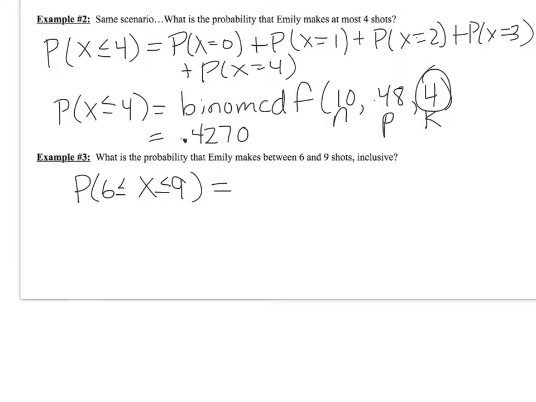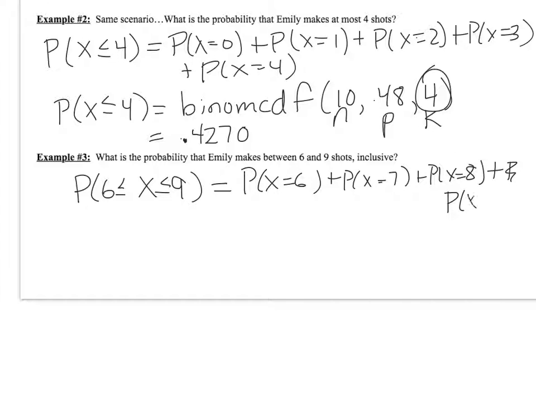So if I consider what I'm looking at here, I'm really looking at p of x equaling 6 plus p of x equaling 7 plus p of x equaling 8 plus p of x equaling 9. I need a larger screen. So if the cumulative density function for binomials is only going to work from left to right, meaning that it's going to go 0 up to your k value, we have to do a subtraction.